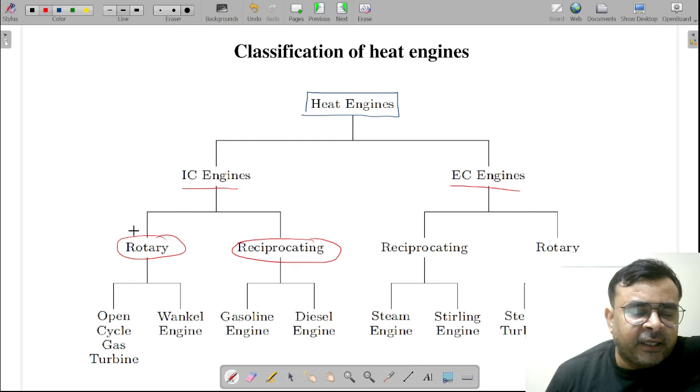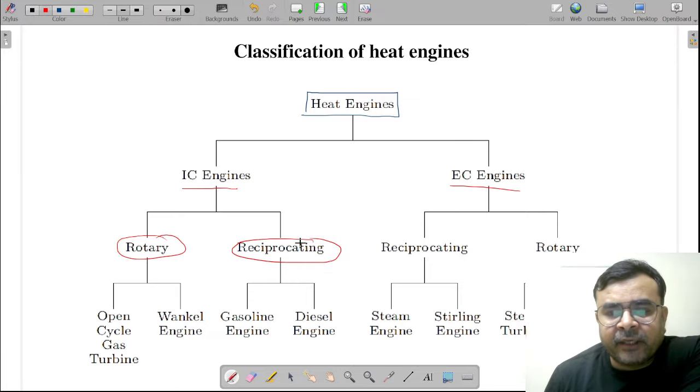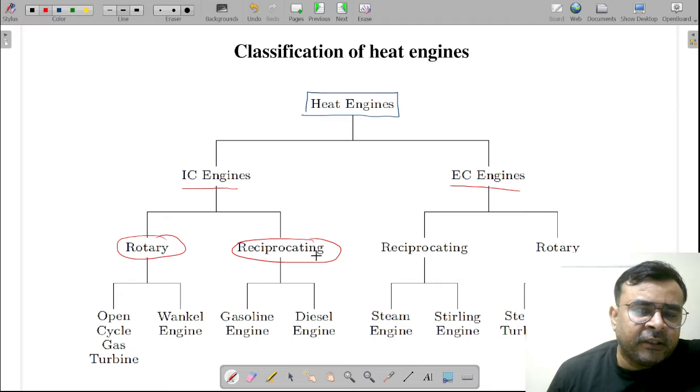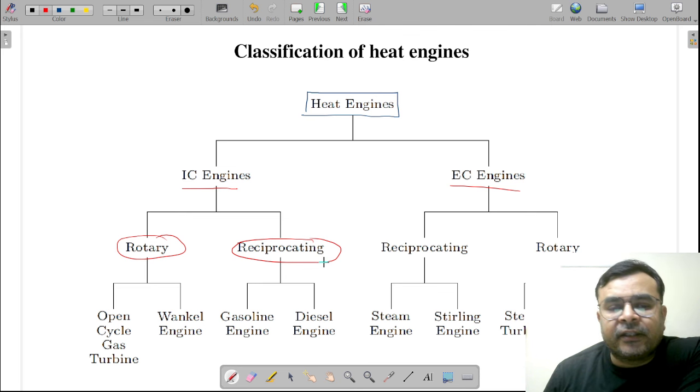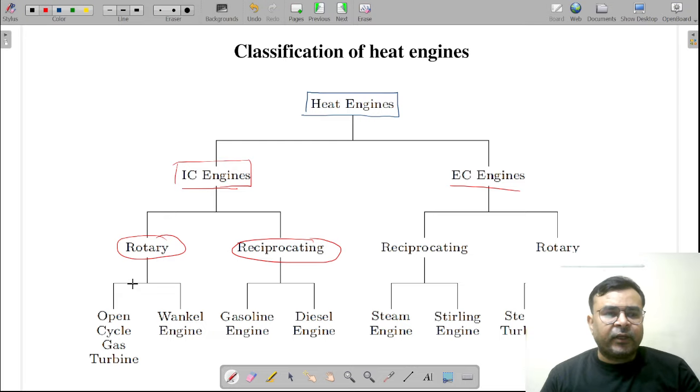Is it right? Correct. And in reciprocating engine, basically the piston reciprocates inside the cylinder, and this reciprocating, or linear motion, will be further converted into rotary motion, and that rotary motion is further utilized either for the direct running of the vehicle or for electricity generation. Is it right? So IC engine has two types, that is either rotary engine or reciprocating engine.